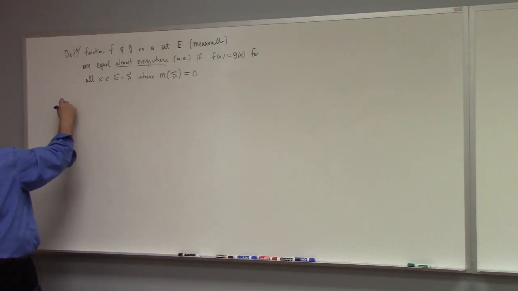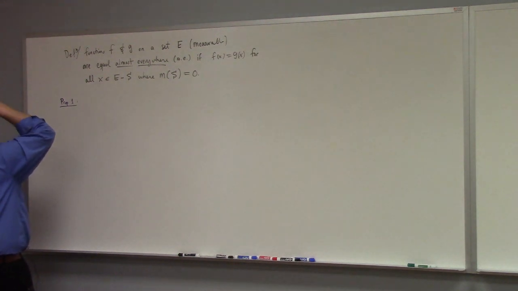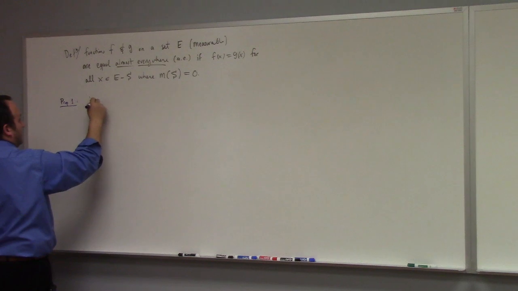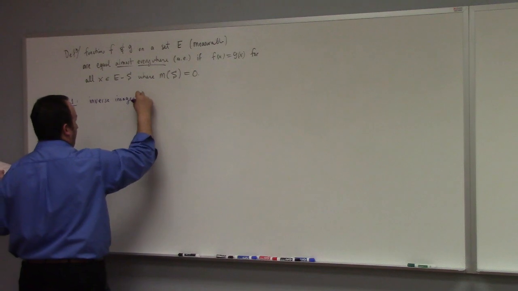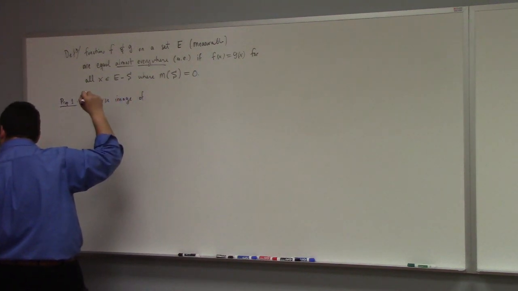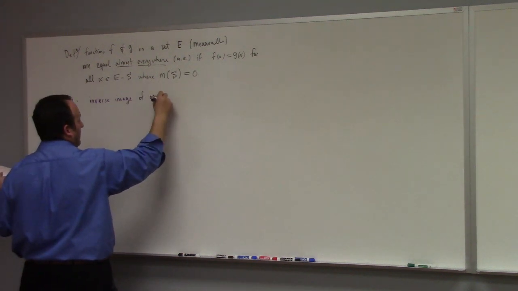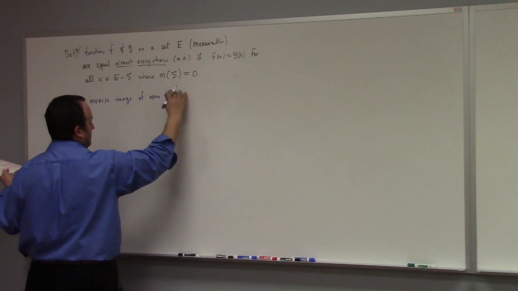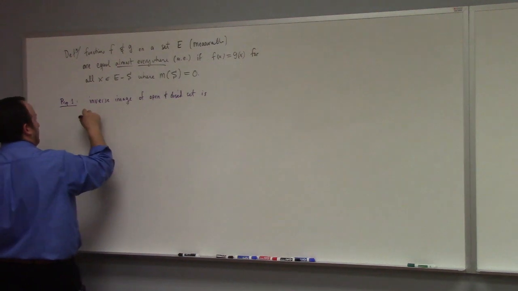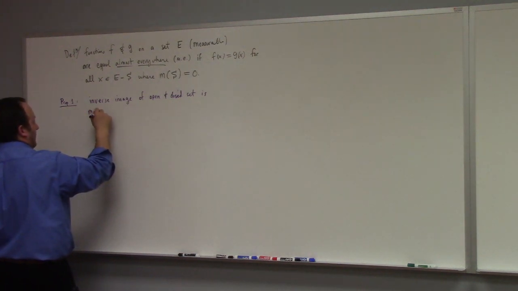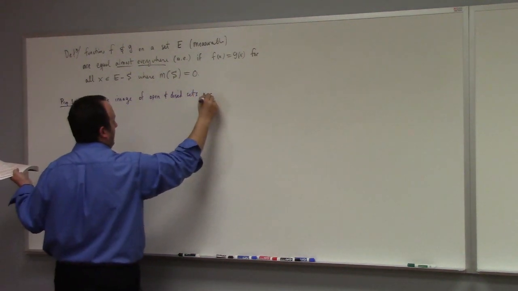Property 1 said that the inverse image of open and closed sets are measurable. Right?